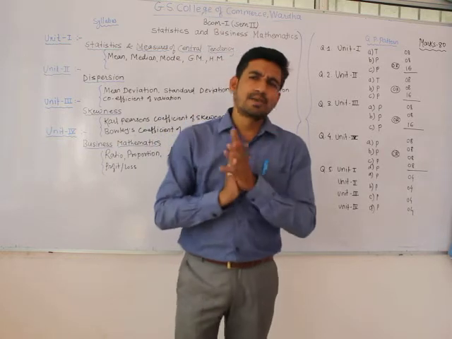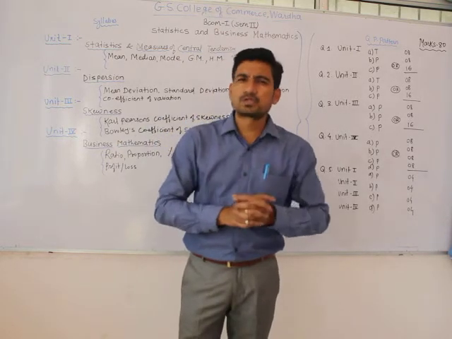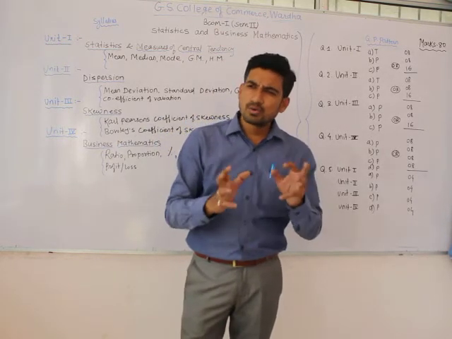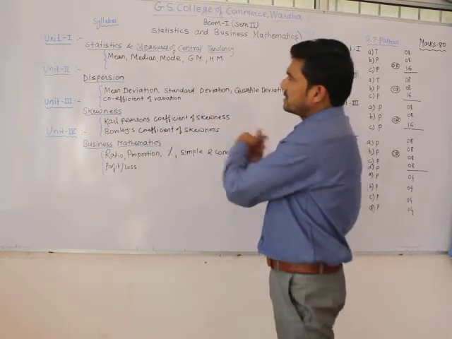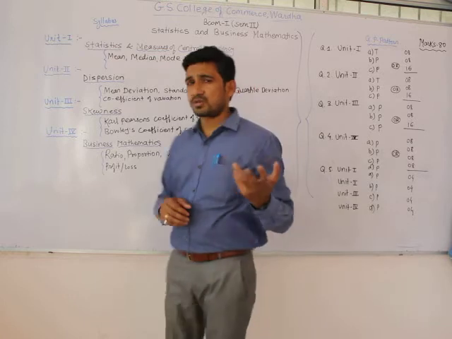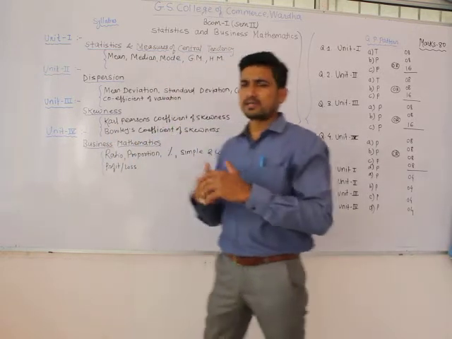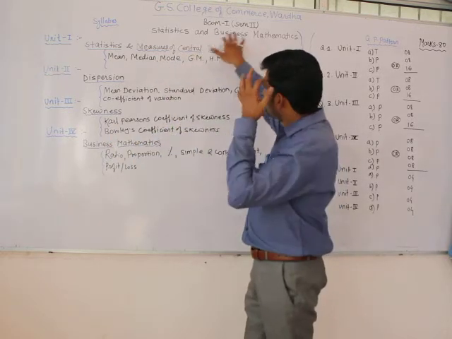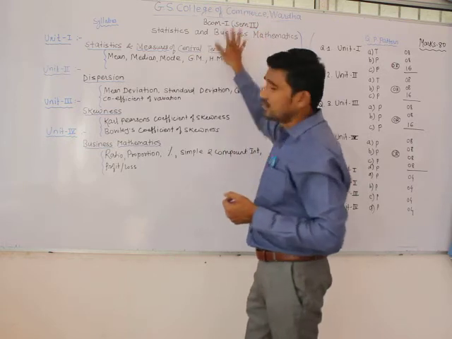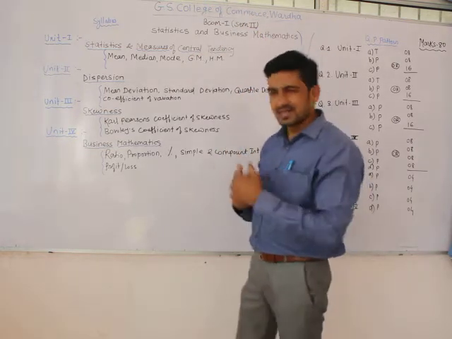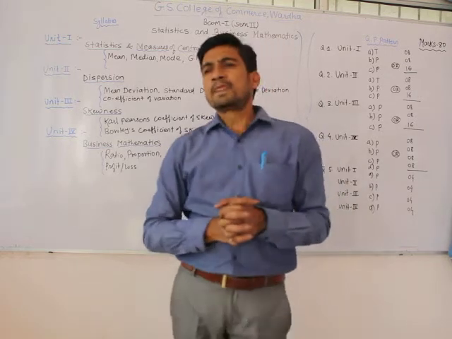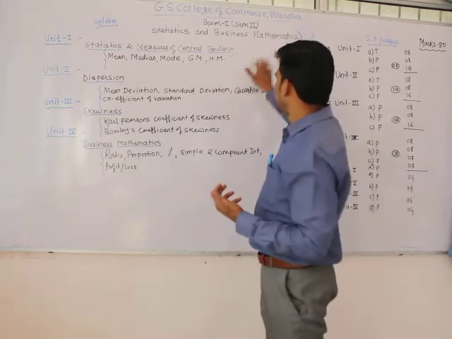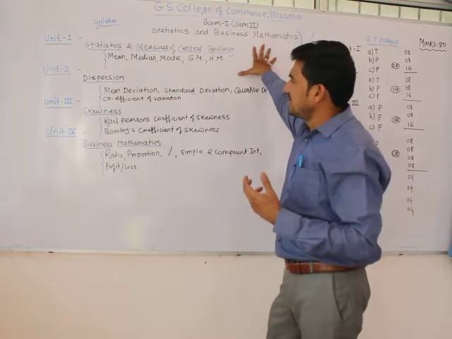That's why it is very important for a commerce graduate student to know what statistics is. You will get advanced statistics in the 6th semester, the third year, but in the first year, second semester, we have basic statistics, also called business statistics, and basic mathematics.